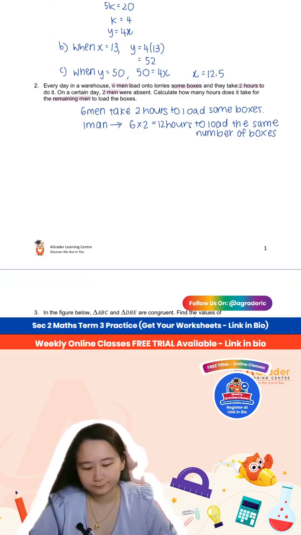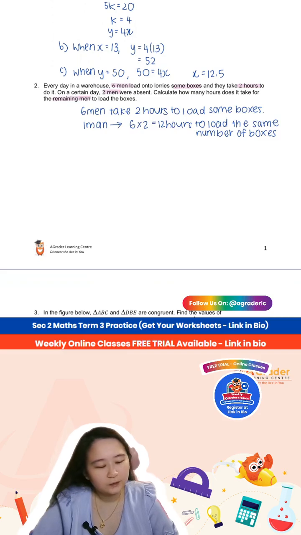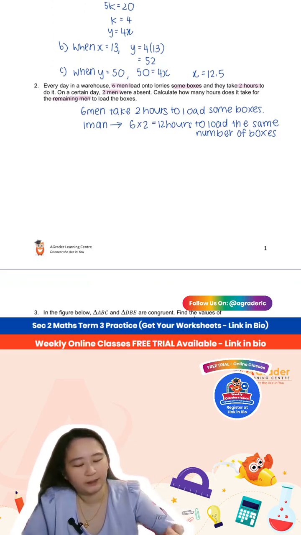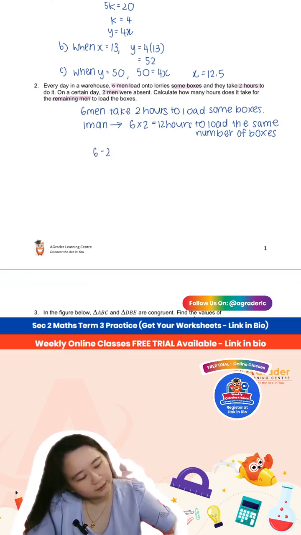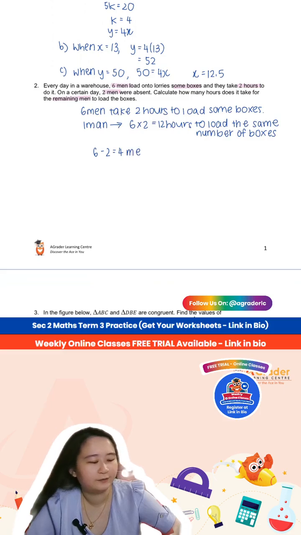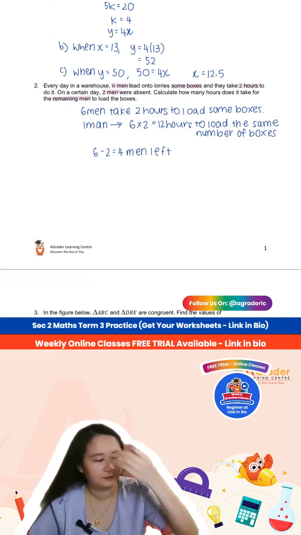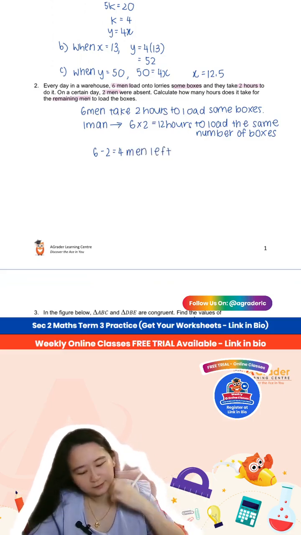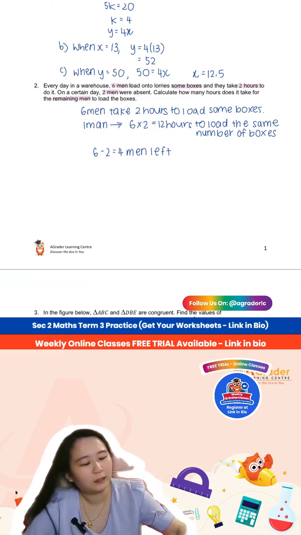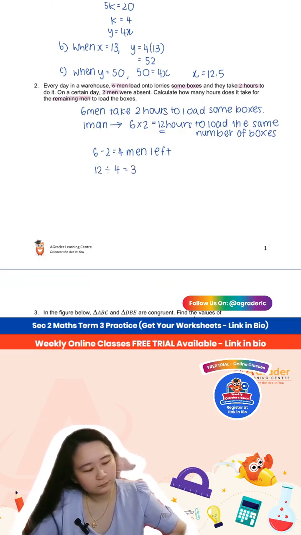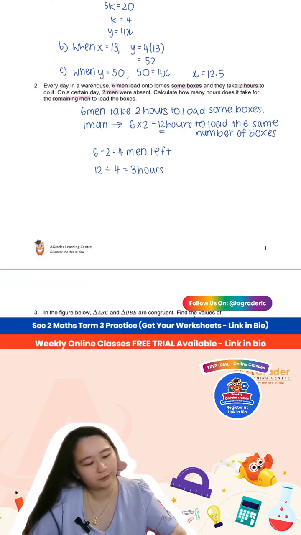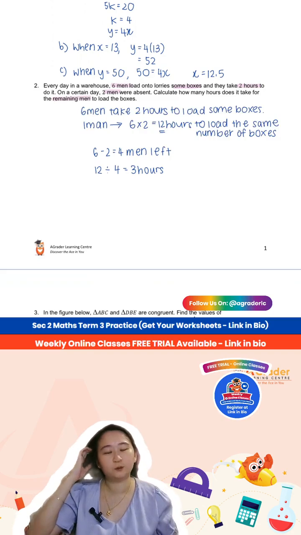Okay. So if 2 of them are absent, means how many men are left? 6 minus 2, so there is 4 men left. Then after that, we know that total hours must be 12 hours, so we take 12 hours divided by 4 men. So the remaining men will take 3 hours to load the boxes.